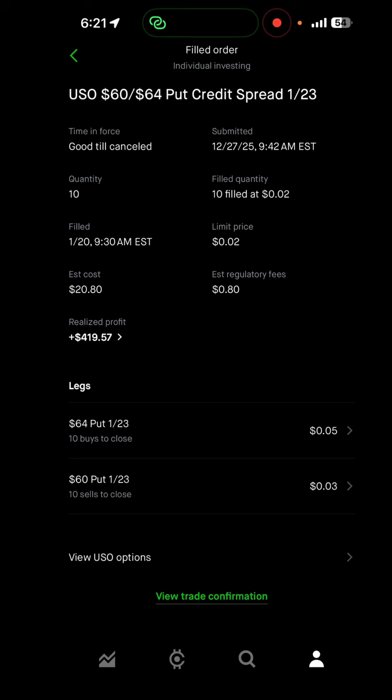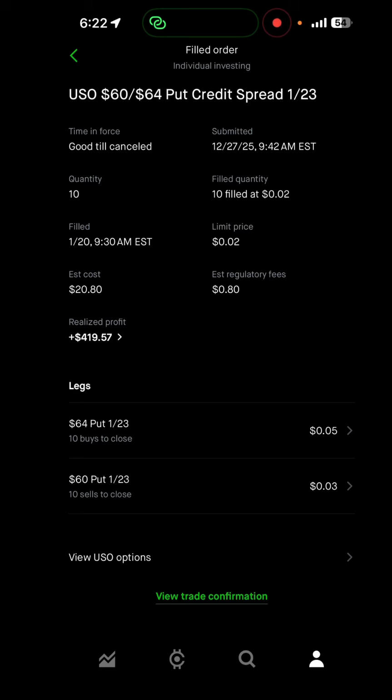We originally had opened it up for a 33-cent credit, and when we opened it up, we had put in a good till canceled order for a debit to close it and buy that spread back. So what we had realized here is a profit almost of max profit. We always put a 2-cent debit in, so we never quite get 100% profit.